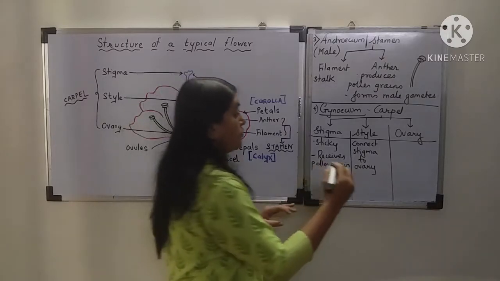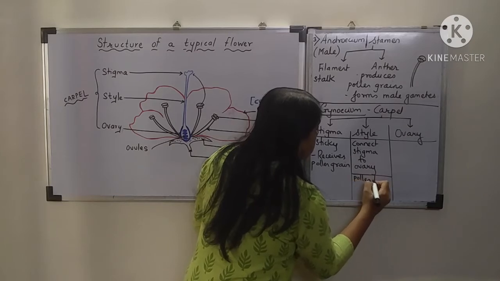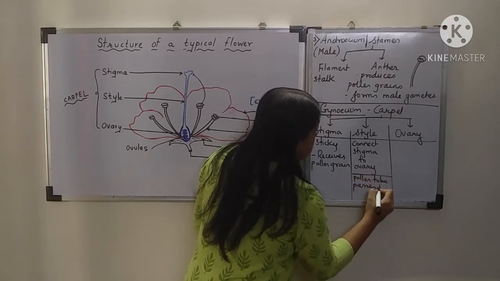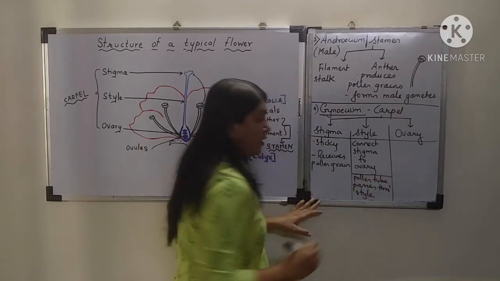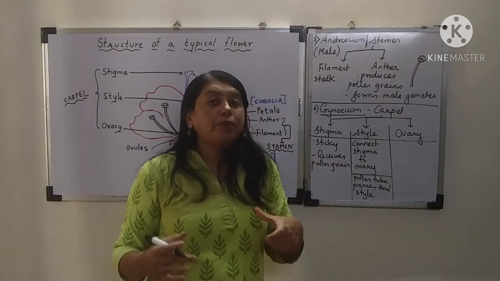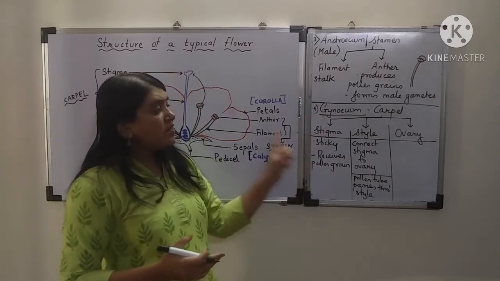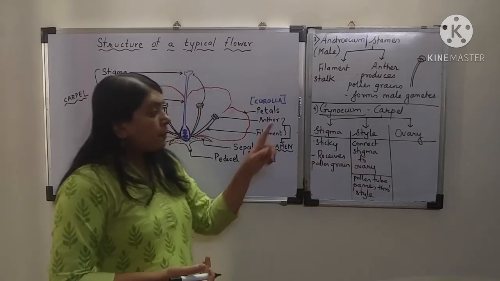So the second function you can write: the pollen tube passes through the style. This we'll discuss in detail in the next part on sexual reproduction of plants. For this answer, writing these two functions of style will be sufficient.